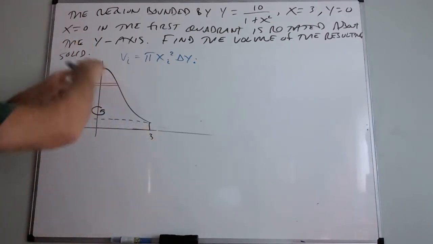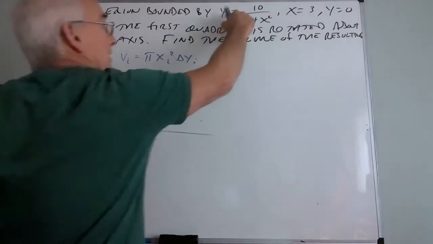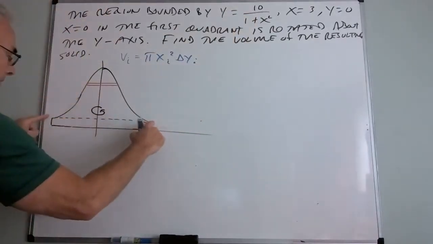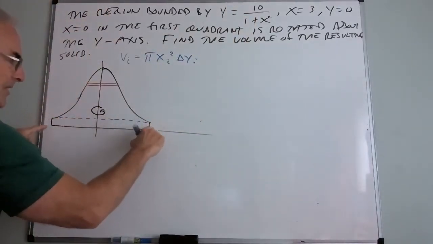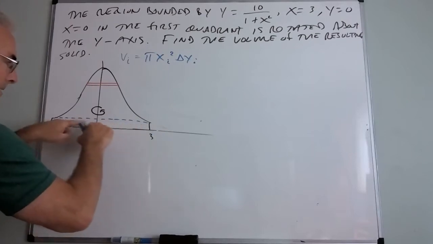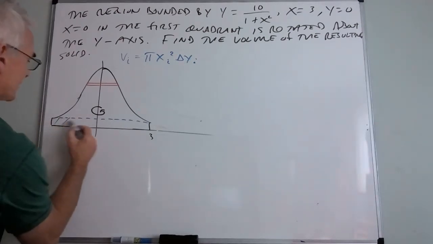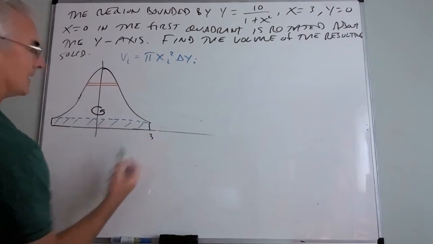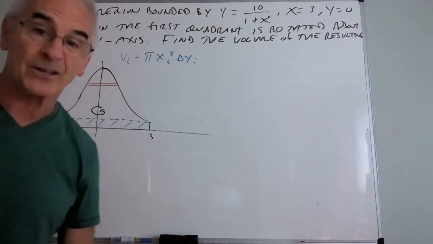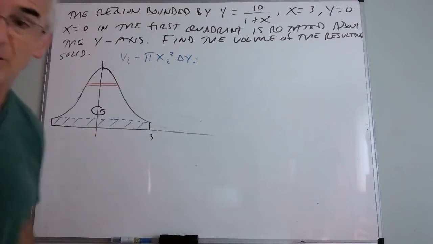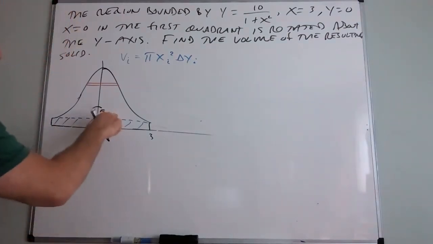My outer edge is going to be this curve until I get to here. Does everybody see that? Because this piece right here is just a simple solid circular cylinder of constant height and constant radius. So I can actually calculate this volume and just add it. I don't have to integrate this piece. I can just calculate it. I only have to integrate this piece.